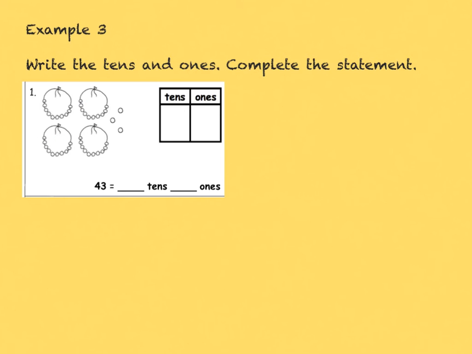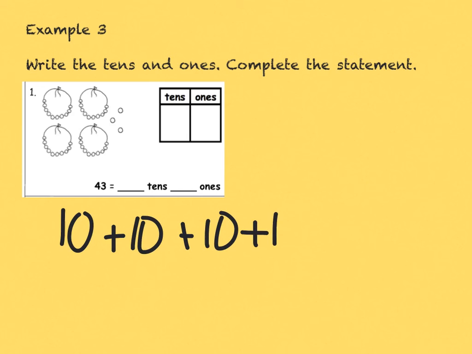Since each necklace has 10 beads, we would have 10 plus 10 plus 10 plus 10 to equal 40 beads. Therefore, since we have 4 completed necklaces, the 4 would go in the tens place. Next, we look at our single beads.